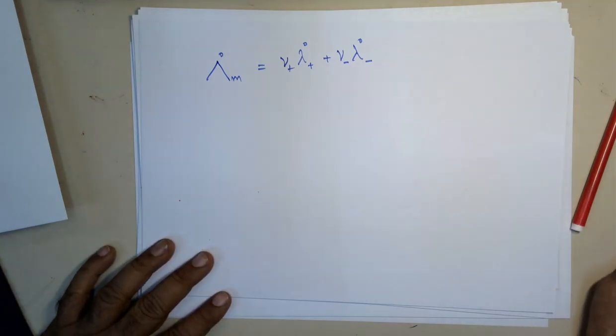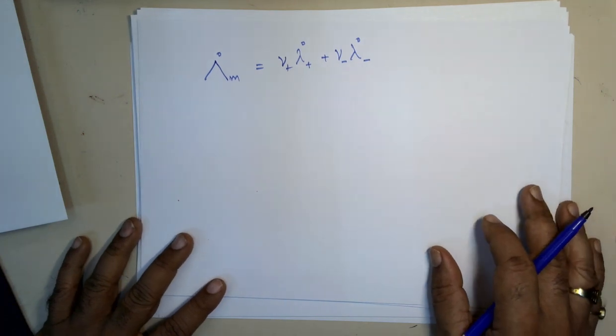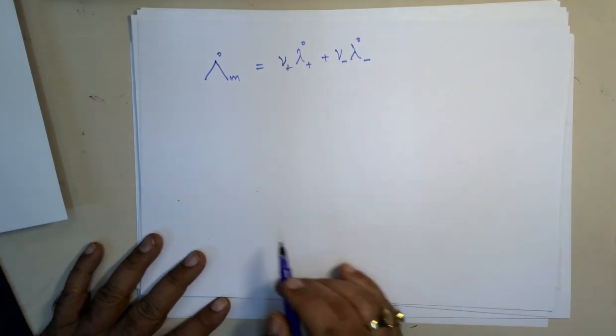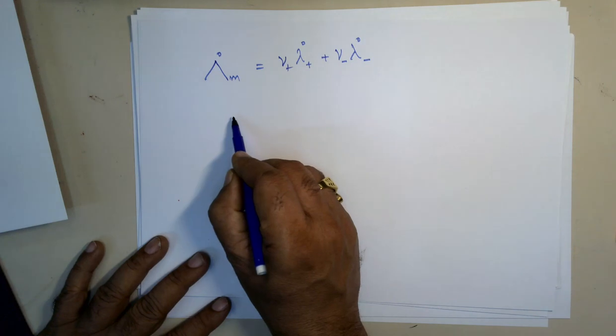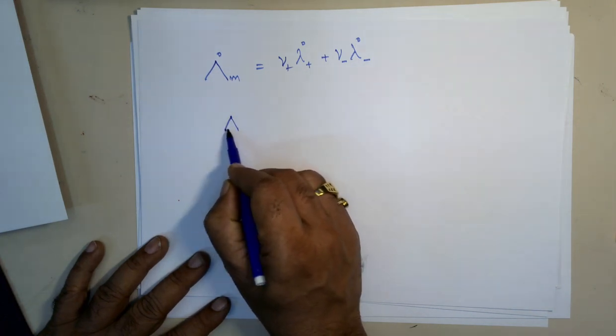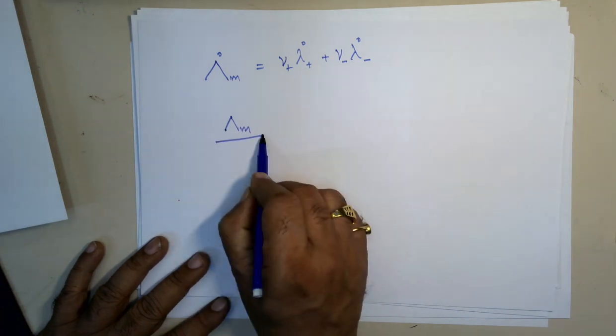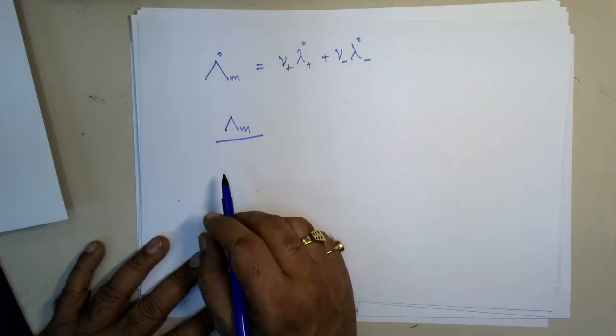Okay. Now let us work out some values so that we will be able to understand. And based on that, there is another concept according to Arrhenius. Take down lambda at a certain concentration, that is lambda m.